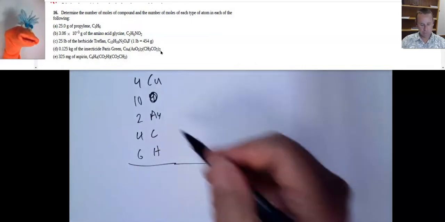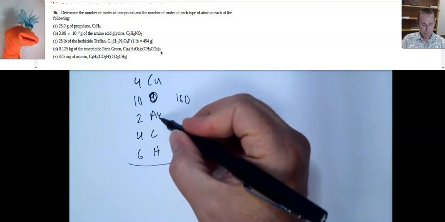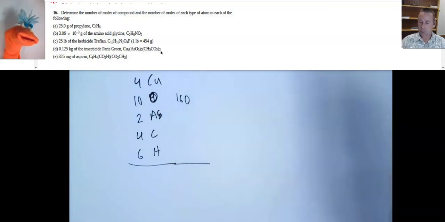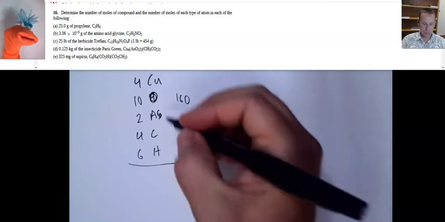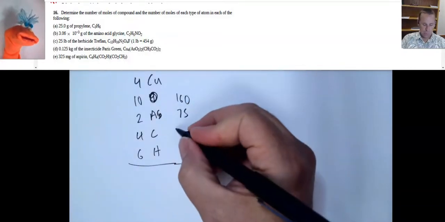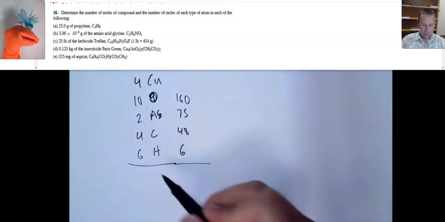Let's add it up. 16 times 10, that's 160. Oh, these are arsenics, 2 arsenics. Bringing out the periodic table here for arsenic. 75 for the arsenic. 4 times 12, that's 48. 6 times 1, that's hydrogen 6.